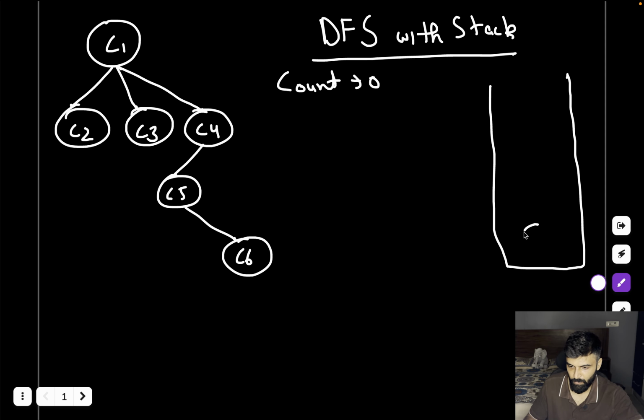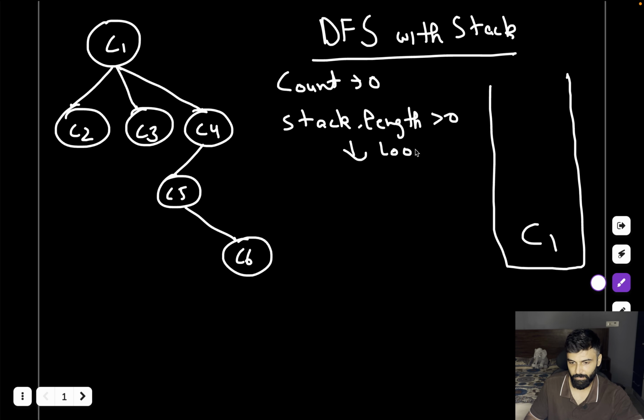I will put the C1 inside my stack. Then I will run a loop: whenever stack dot length is greater than 0, we'll need to run the loop.